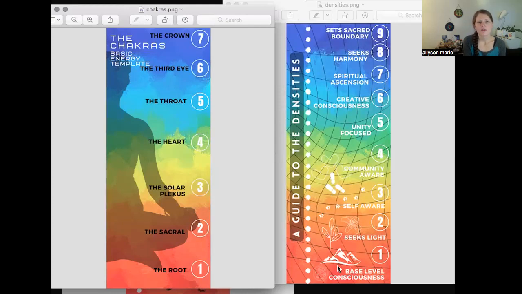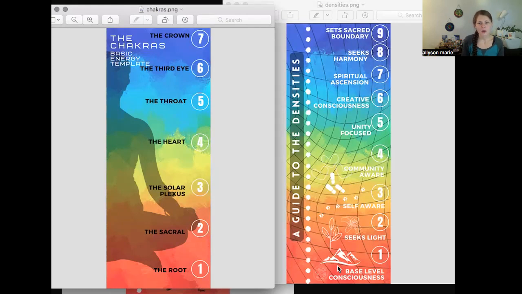Now, just as the root chakra is our base, it sits at the base of our spine. It is what touches the earth when we sit down. It is what connects us and roots us to earth. It roots us to our lineage, to our ancestry, to our role here as the human that we are.